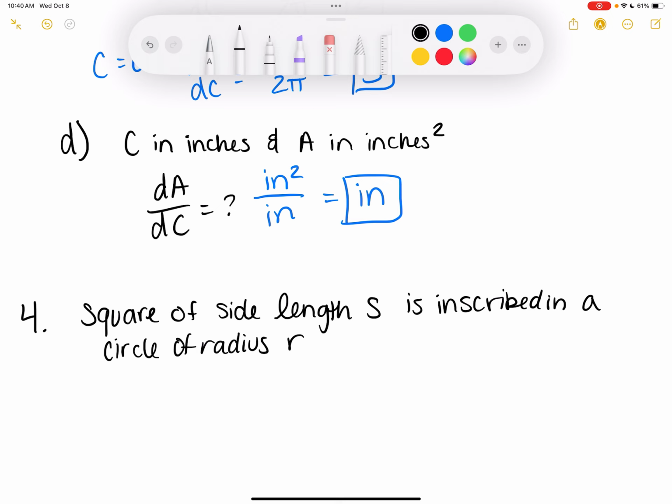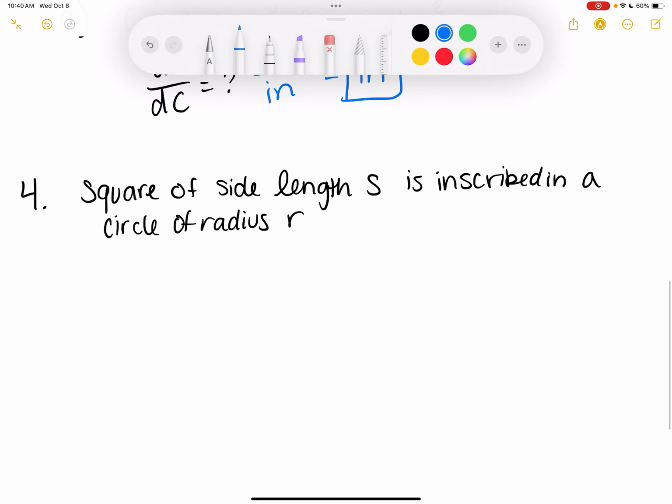So anytime they give me something like this, I mean, not that I don't look at what I'm ultimately trying to solve for in the other parts, but I usually like to draw a picture with something like this. So I've got my circle, I've got a square inside of my circle. We've got side length S on the square.